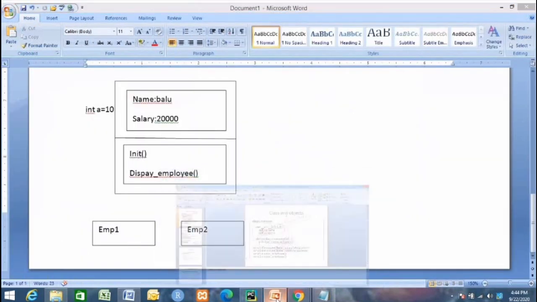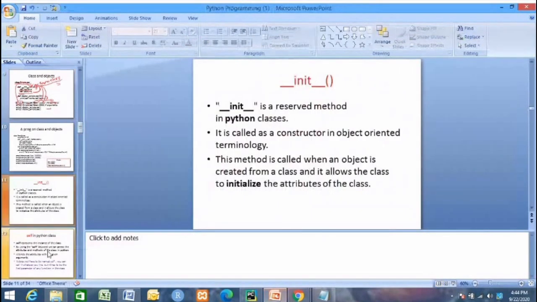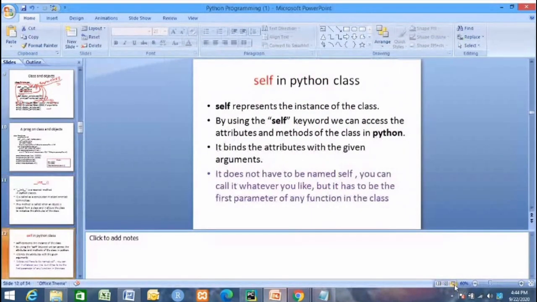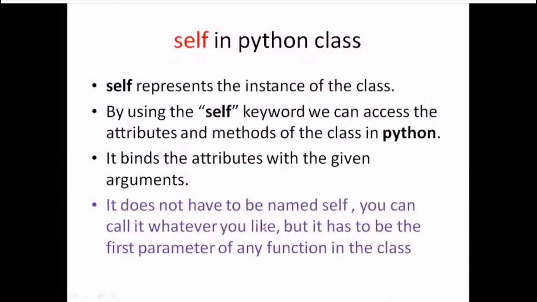That is what I have mentioned in this slide. It does not have to be named self. You can call it whatever you like, but it has to be the first parameter of any function in the class.